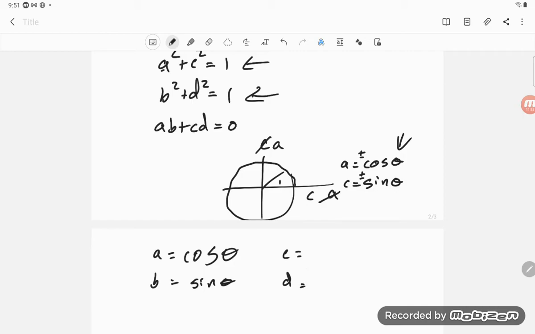I'm not going to go through all these combinations, but, wait a minute. No, sorry. I got mixed up with the B and the C. If A is cosine, then C would have to be sine theta. Then I could mix and match the B's and D's in that I might go sine theta here and cosine theta there, which I am going to do.